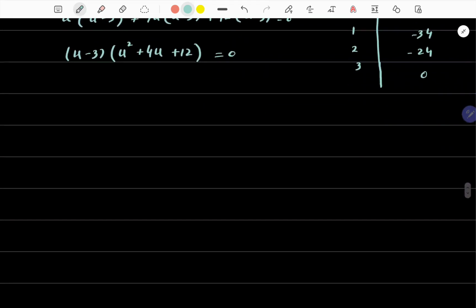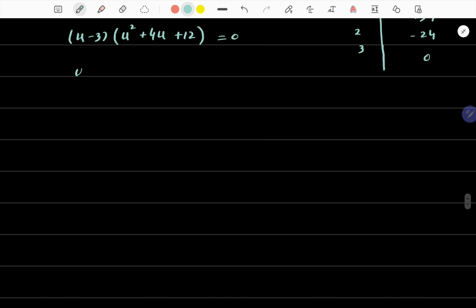And from here, one root is u minus 3 is equal to 0, or u square plus 4u plus 12 is equal to 0. And from here u is equal to 3.